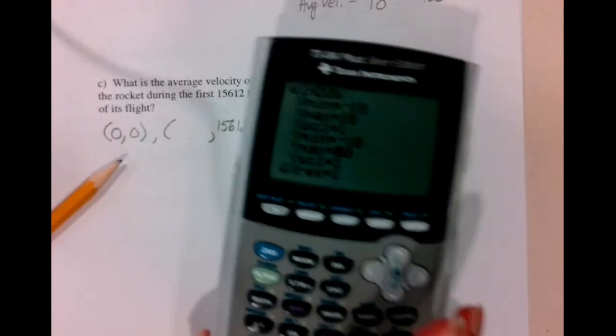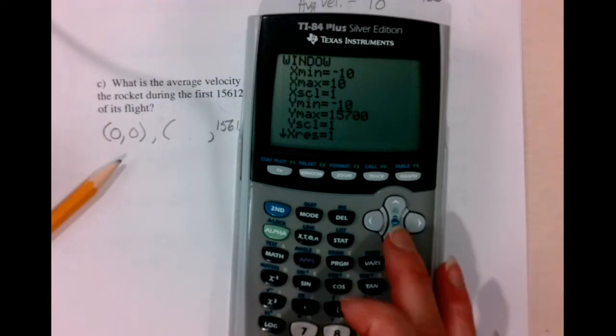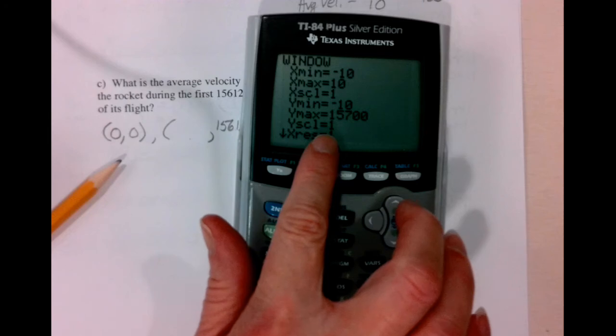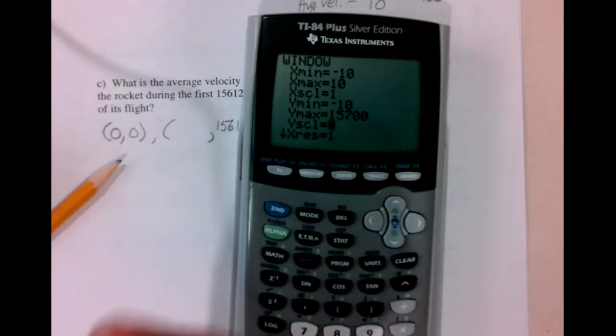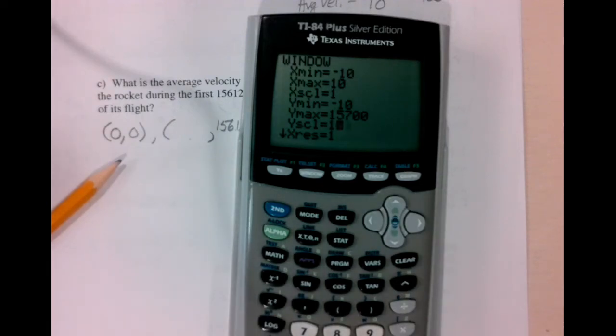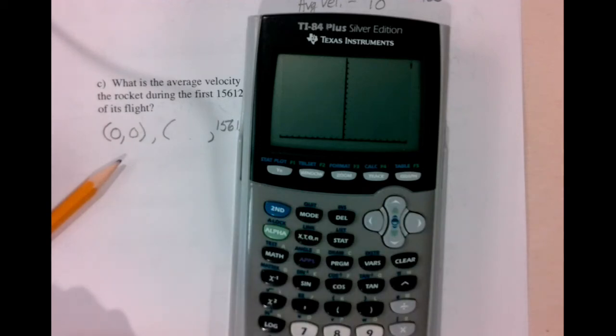I want to get that high up. So I am going to say 15,700, and then I'm going to change my scale because that's quite a jump, and I don't want to have really smushed tick marks all close together. So we're going to go by 1,000 at a time, and let's hit graph.